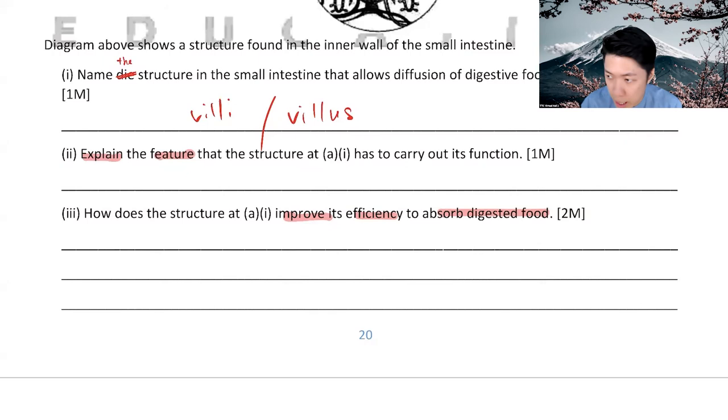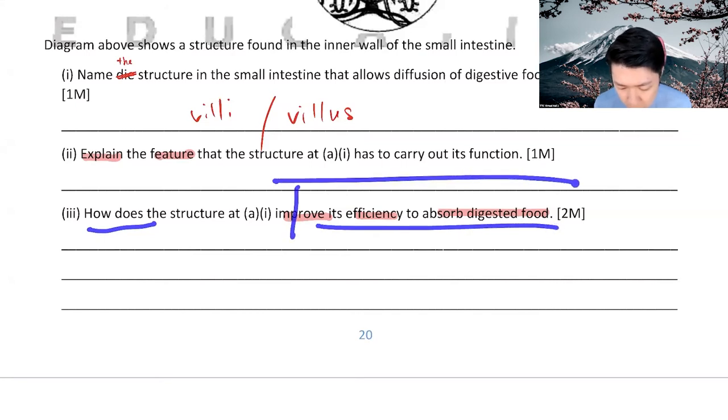So have a network of blood capillaries, and have a large surface area, or sometimes we can call it manifolds. In your chat box, another 2 answers for you. No explanation needed, because the question asks how it improves efficiency.